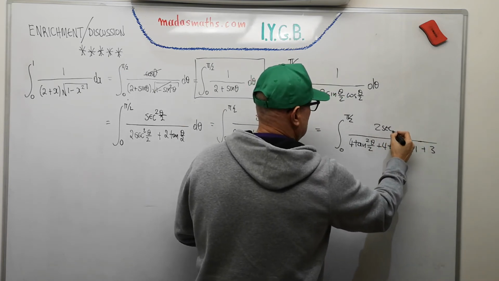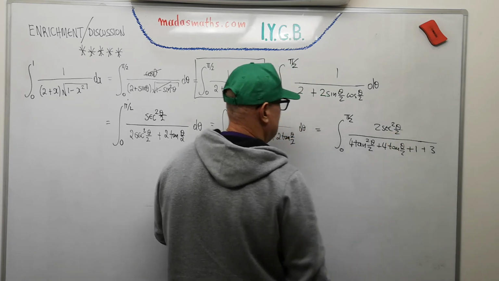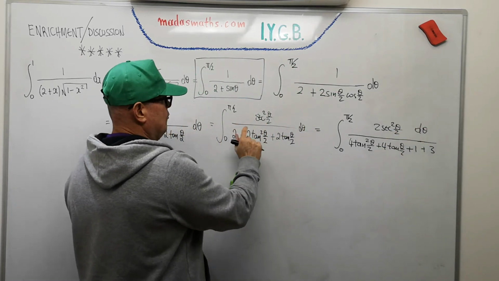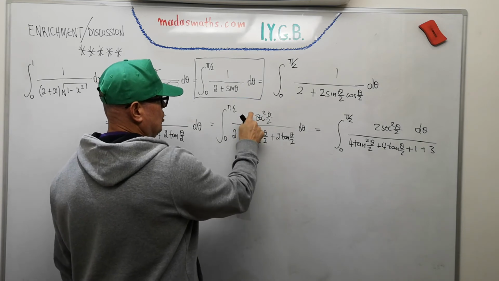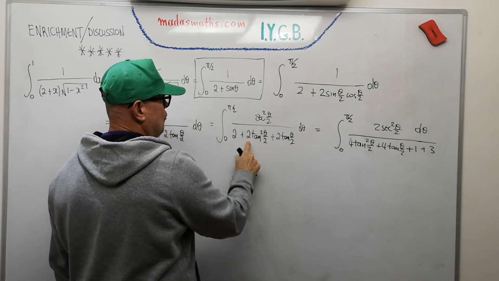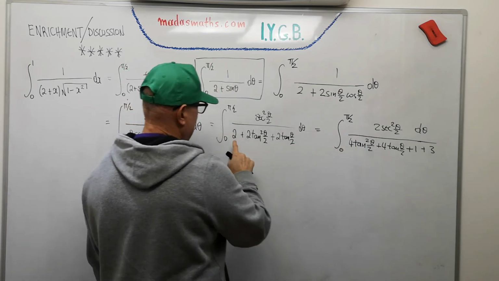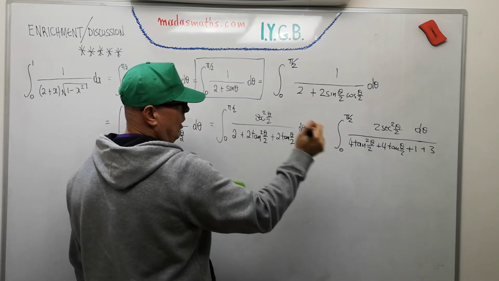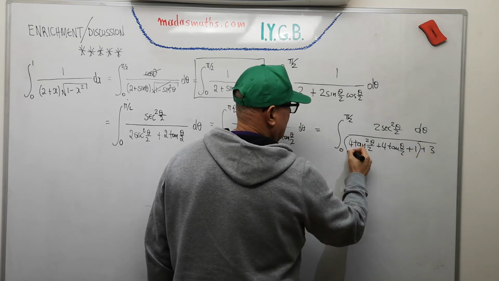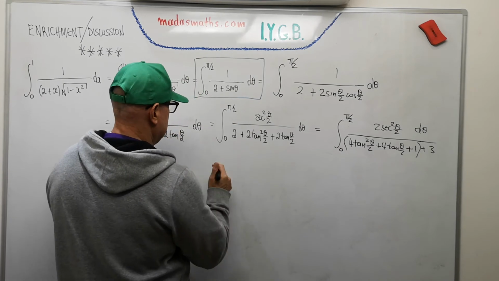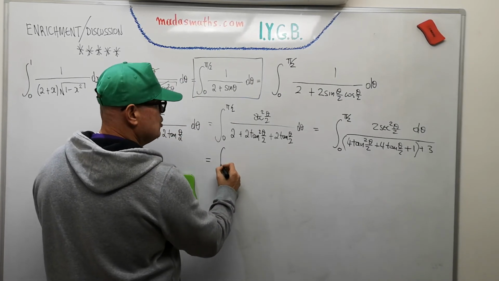And on the top, we've got 2 sec squared of theta over 2. For those who might be a little bit lost, let's put the d theta here. All I've done is the following. I doubled top and bottom. 2 there, 2 there, 4, 4, 4. I wrote these 2 terms there as 4s. And this, which has become a 4, I borrowed 1 and put the 3 on its own there. And now it's just compacting this expression.